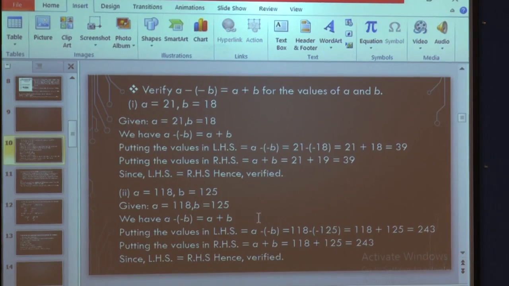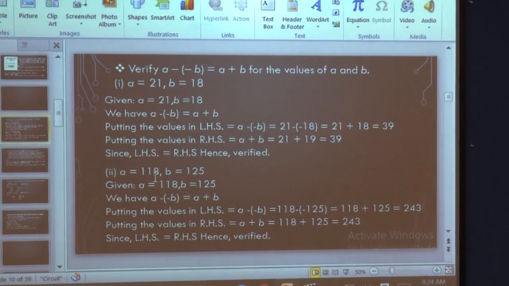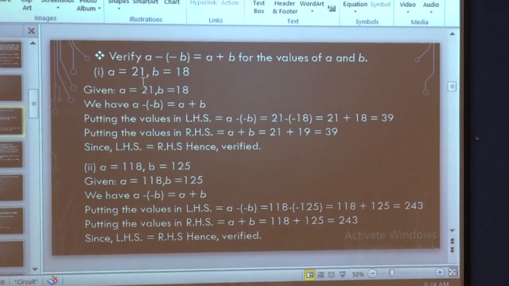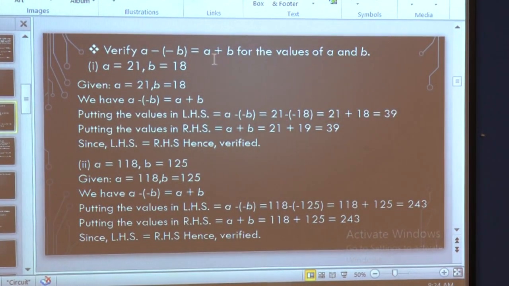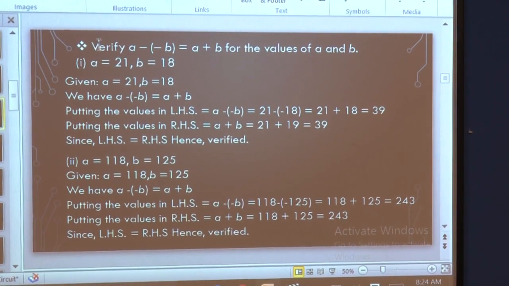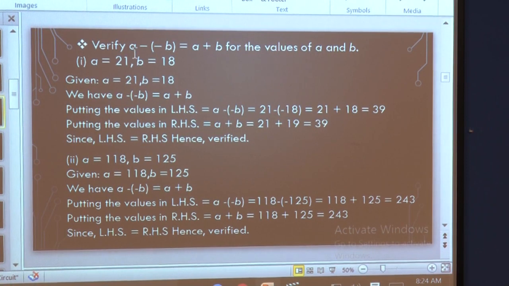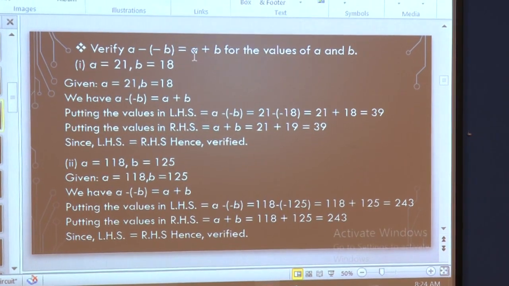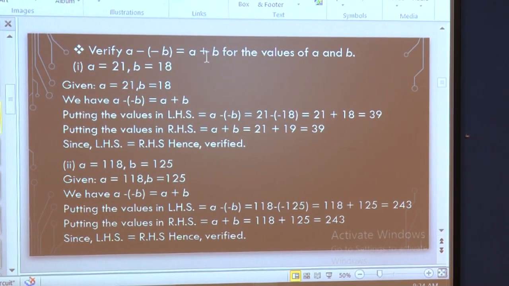Now, we will verify some examples, that is, the verification values of A and B. Here we have A minus minus B. We have to prove that it is equal to A plus B. So, we are considering an example. I have taken the value of A as 21 and the value of B as 18.